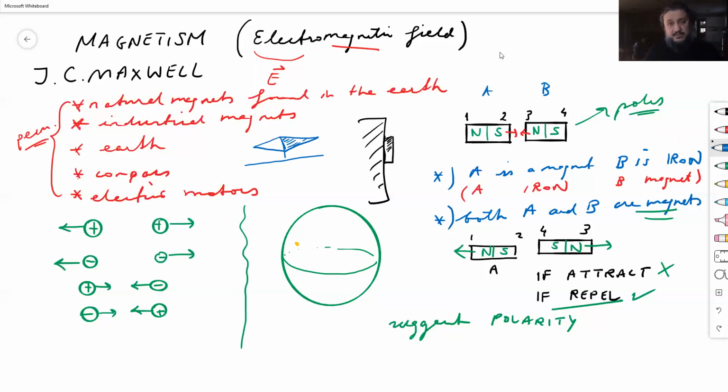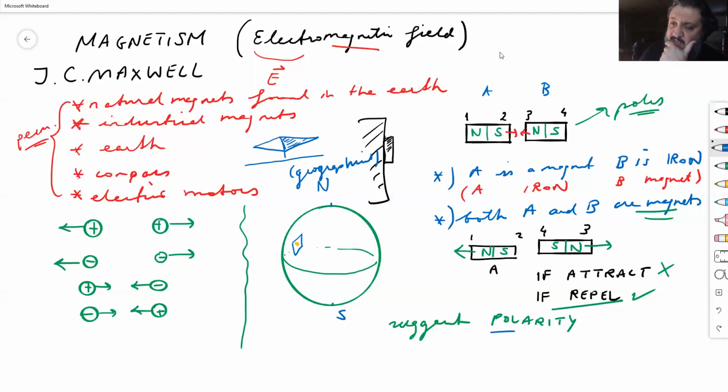If you take that compass and hold it parallel to the ground, you will see that it's going to align itself in the geographical north-south direction like this. So this is what we call the north, geographical north. And this is the South Pole, hence the word pole, right?